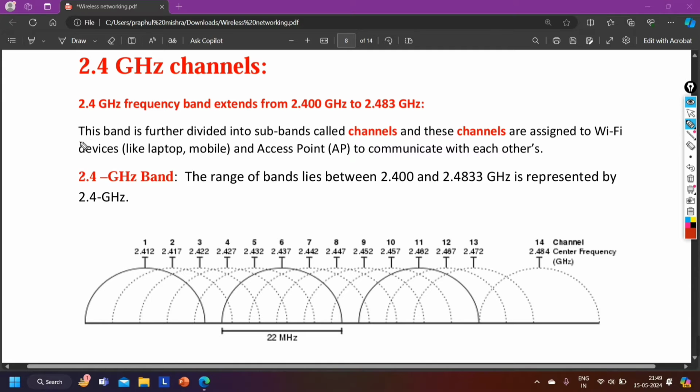This band is further divided into subdivisions and that is called channels. And these channels are assigned to Wi-Fi devices like your laptop, your mobile, your access point, any other devices to communicate with each other, right? So wireless devices need only channels to communicate with each other, right? And what is a channel? A subdivision of a band. What is a band? A group of frequencies.